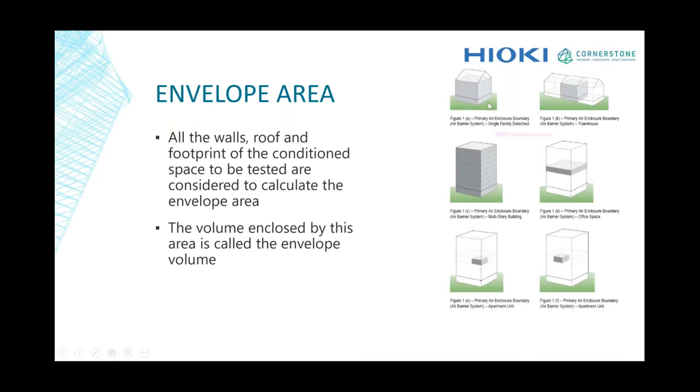In the first one, that's a house, so it will be the entire outer boundary of the house that we are considering. In the case below, we have a building. Again, if we are testing the entire building, definitely we have to consider the entire envelope area of the building. Or in the case here where it's just one floor, then we just consider the floor area. Or it could also be a particular unit.